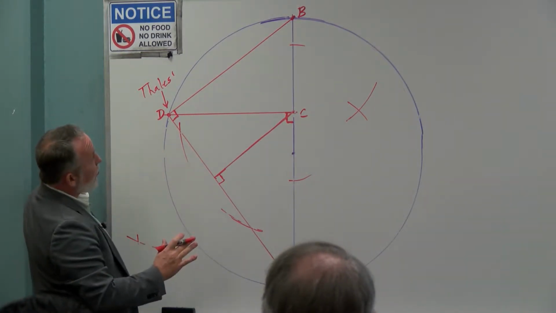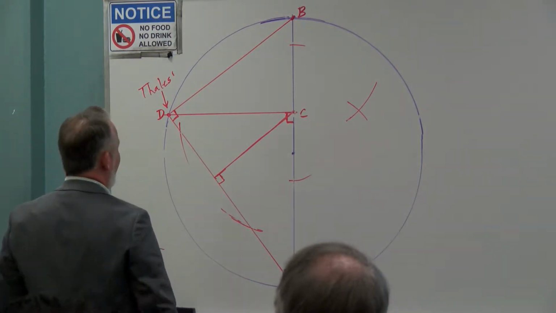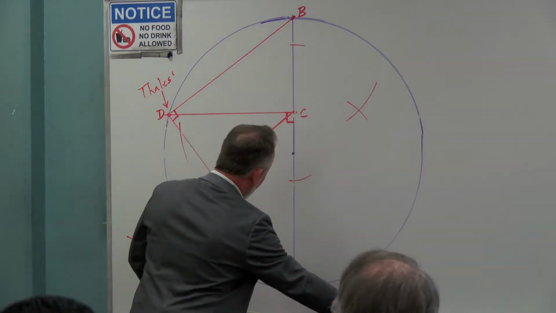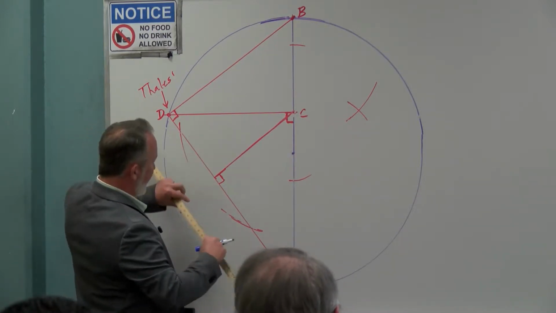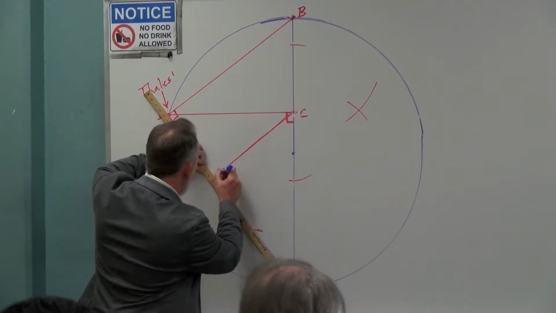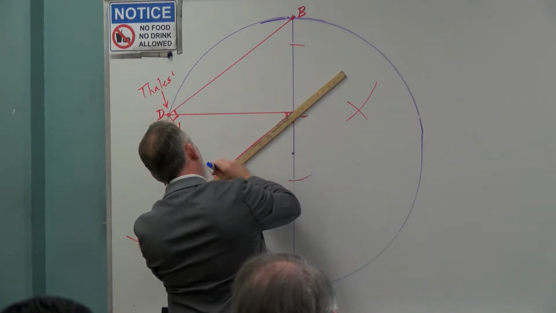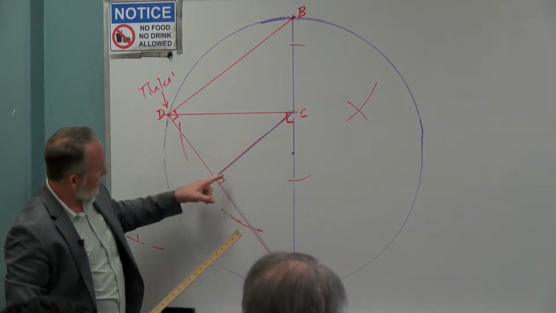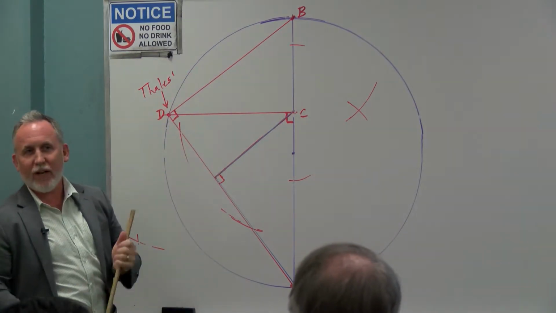And now, hopefully, just intuitively, my lines are a little off, but you can see that this blue triangle, this smaller triangle, is similar to this larger red triangle.